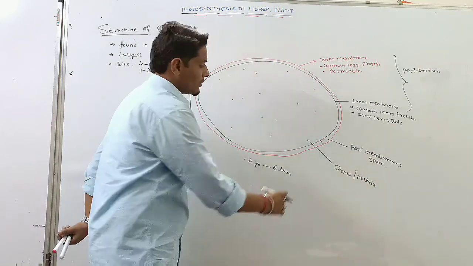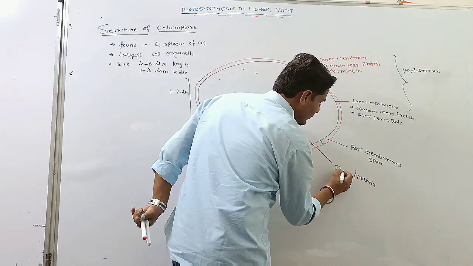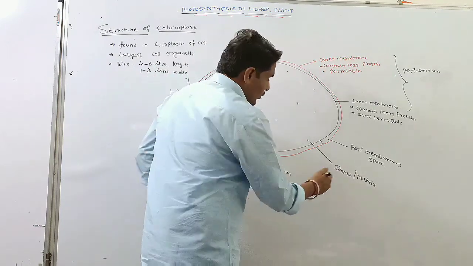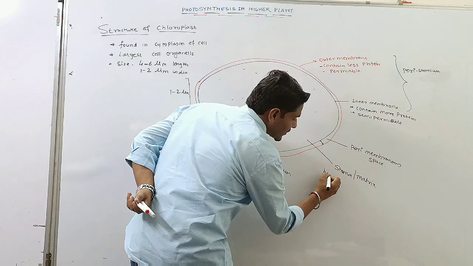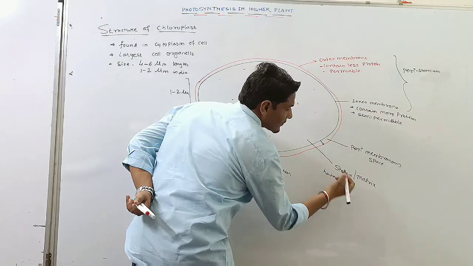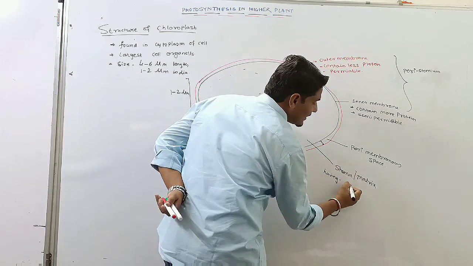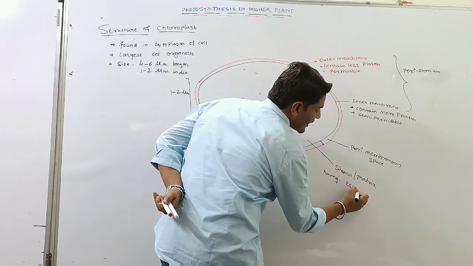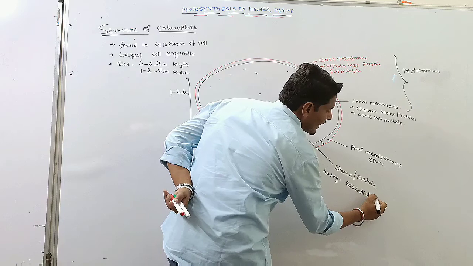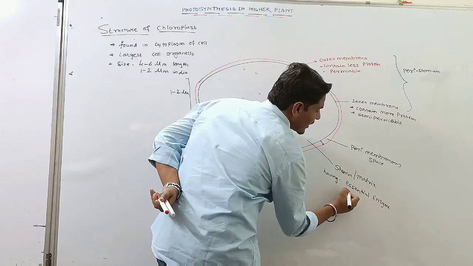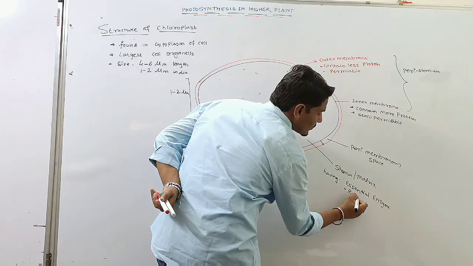So the stroma is rich in essential enzyme, that is nothing but rubisco.